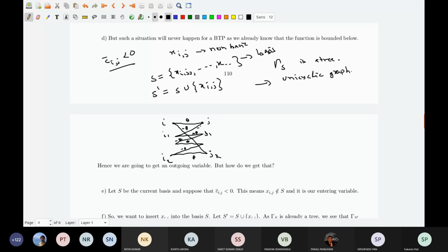Okay, so if I put it in a cycle way, remember this is a cycle in the bipartite graph. Because in a bipartite graph, the total number of edges in a cycle will be even.